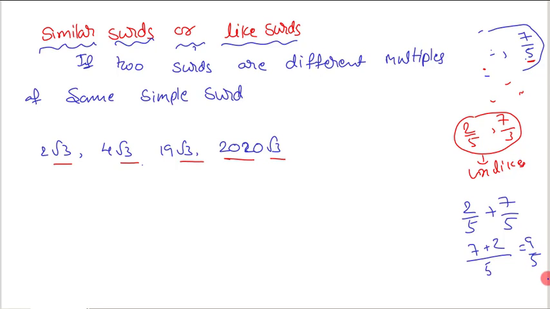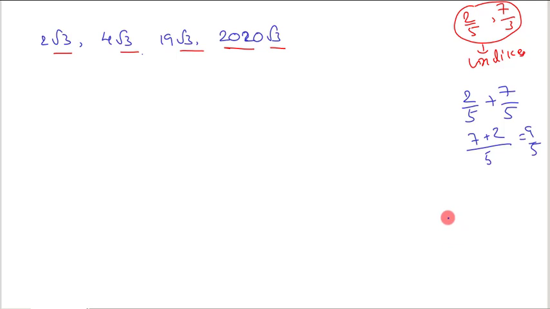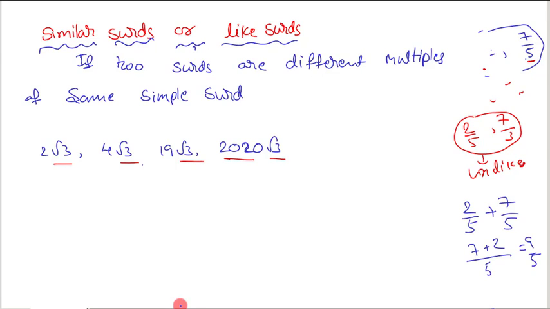But if you are supposed to add unlike fractions like 2 by 5 and 7 by 3, firstly we need to make them into like fractions. To do that we take the LCM, that we all know. Here also we can add only like surds. We cannot add unlike surds.